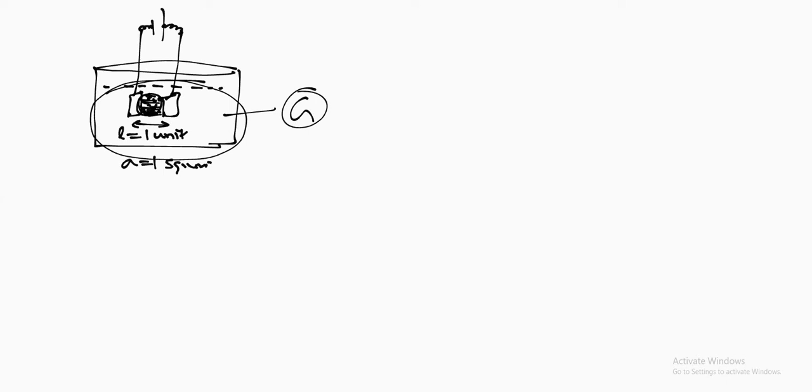Okay, let me define it in this manner. See, suppose L is equal to 1 centimeter and A is equal to 1 centimeter square. Students, observe carefully. What will be the volume of the solution between the two electrodes?